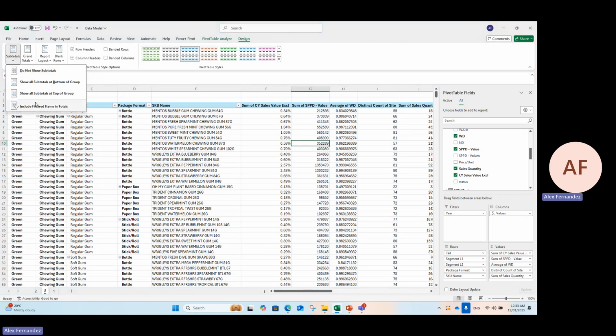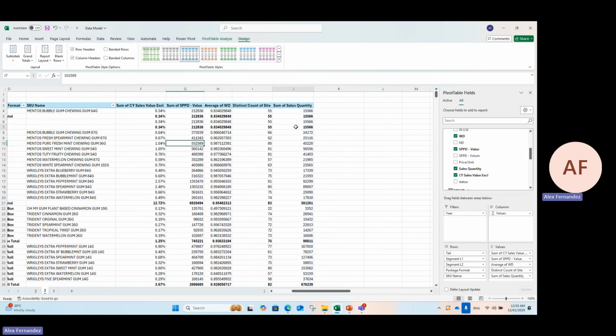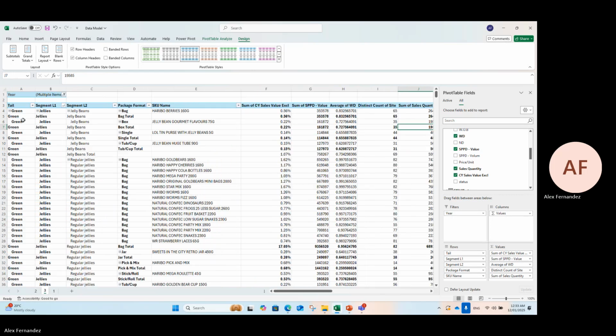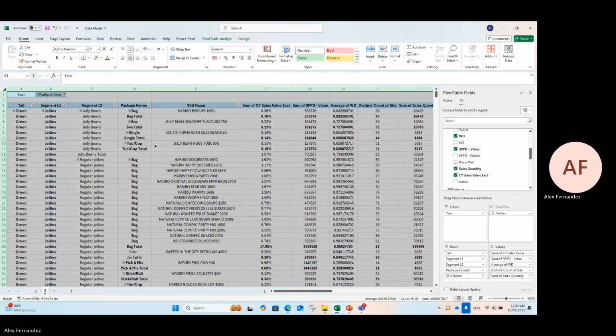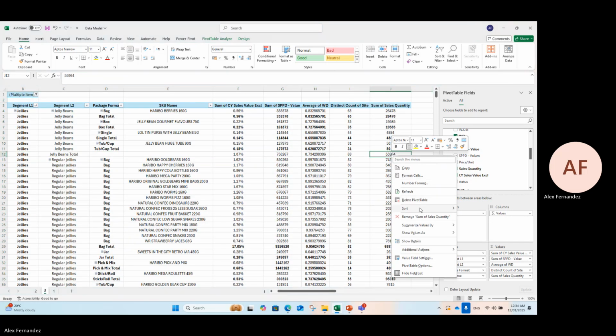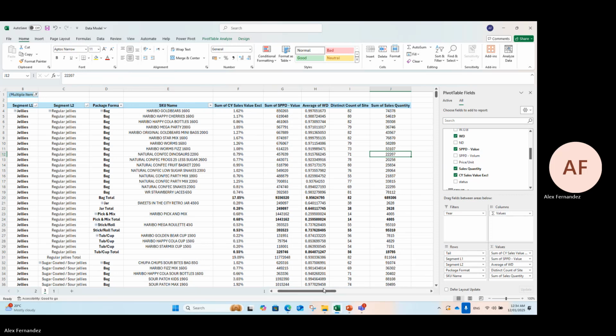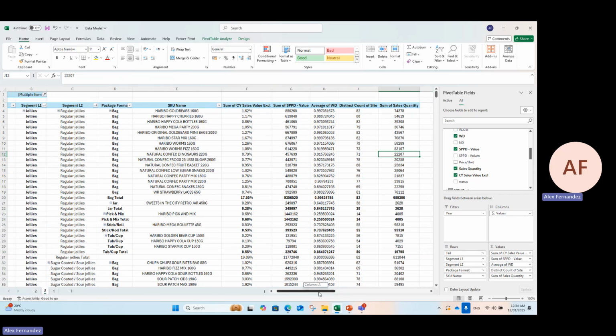We go to add subtotals at the bottom of each group, and we go to the sales value, sort from largest to smallest. So here we have from largest to smallest.